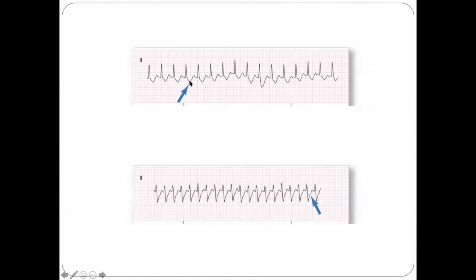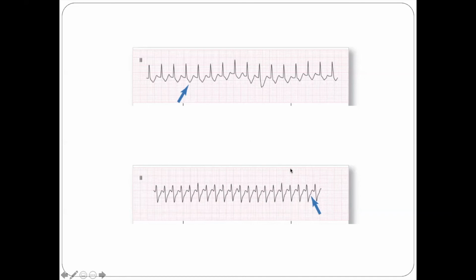If this were AVNRT, this P wave would only be inverted, which it's often inverted in this too, but it would be tucked right up against the QRS complex. So because this is moved out compared to the AVNRT, this is showing that it's AVRT instead.